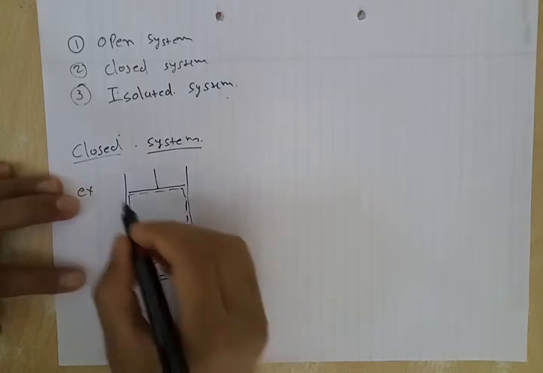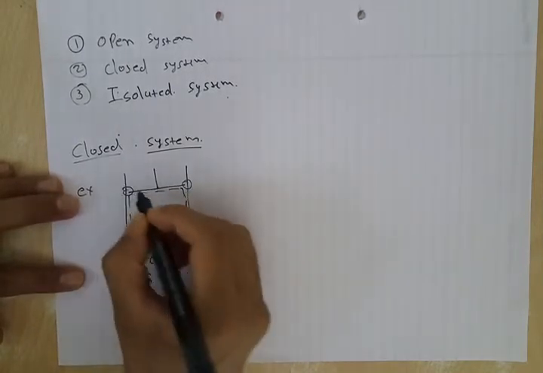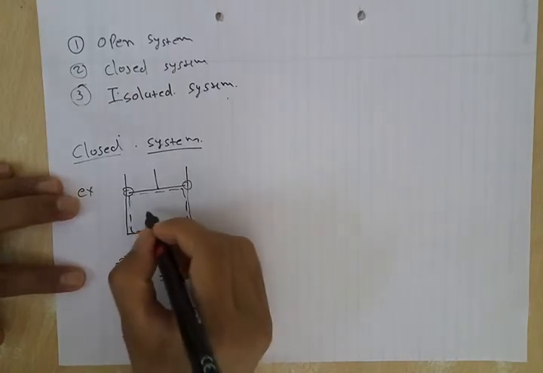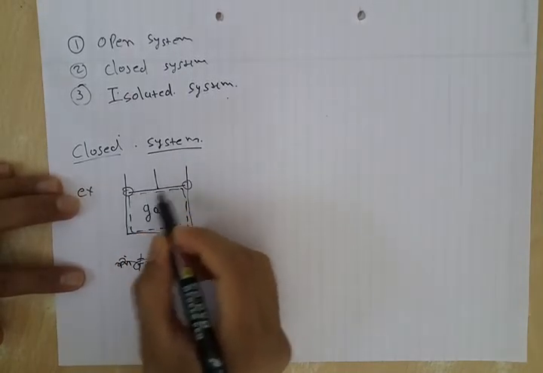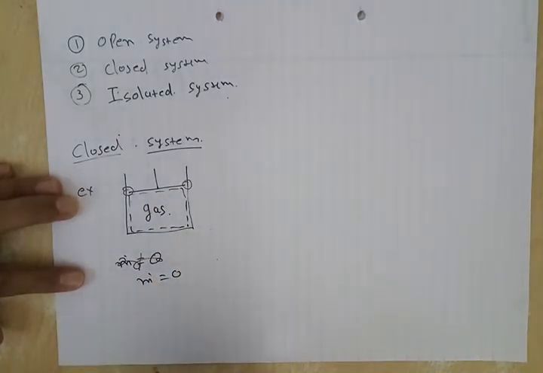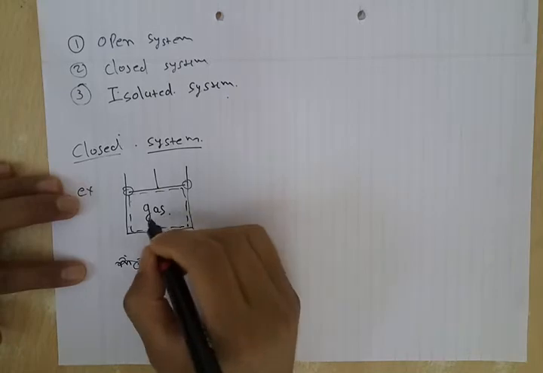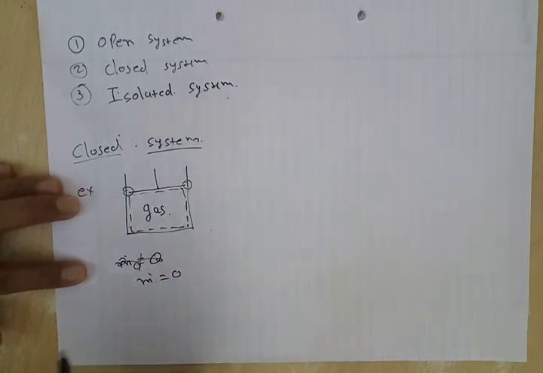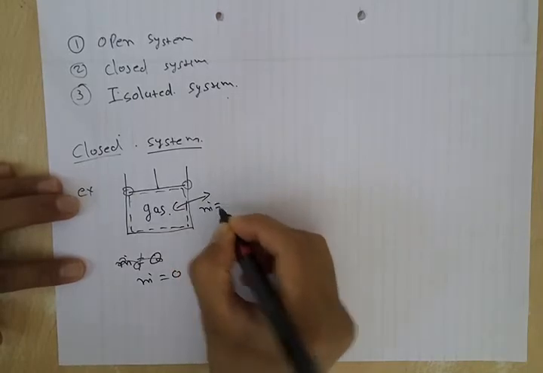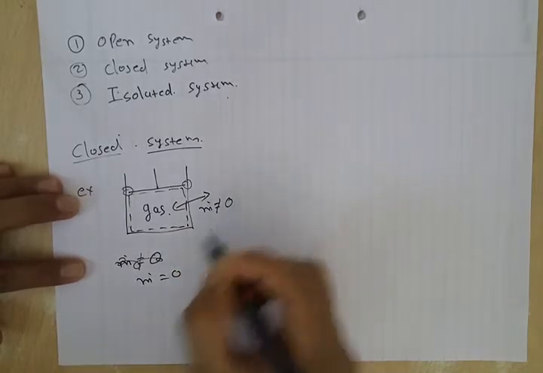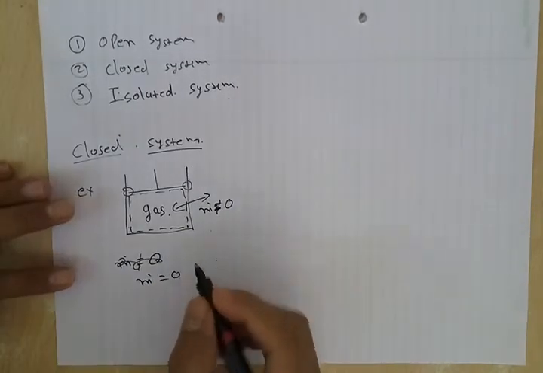Of course this cylinder is closed by piston, hence gas always remains trapped between these inner walls. So gas cannot leak from this region, and hence no mass transfer between system and surrounding. Mass transfer is equal to 0.